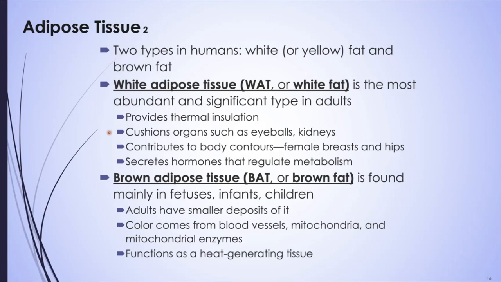To cushion the organs, such as the eyeballs and the kidneys. You need a certain amount of fat inside your body in order to basically keep your organs in place and cushion. It's also going to contribute to body contours, right? Female breasts and hips, booty, why not?